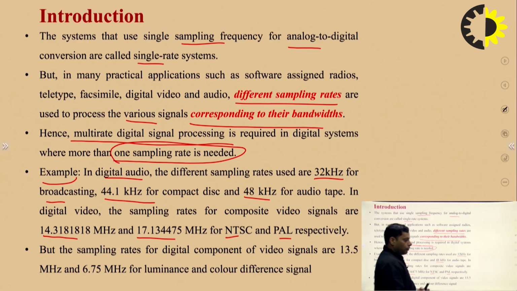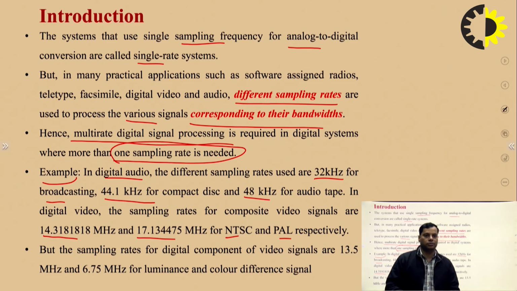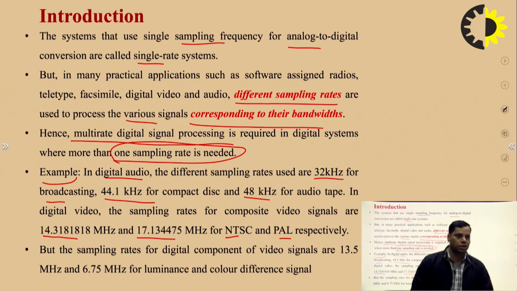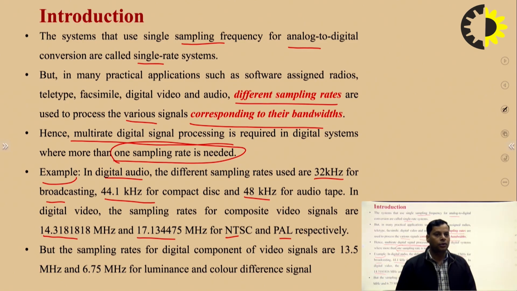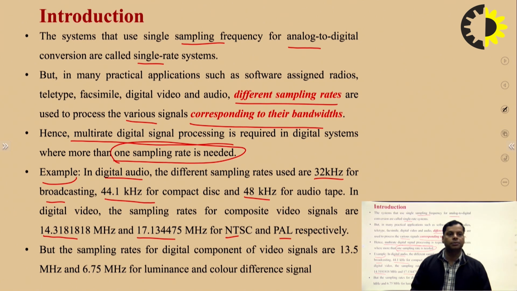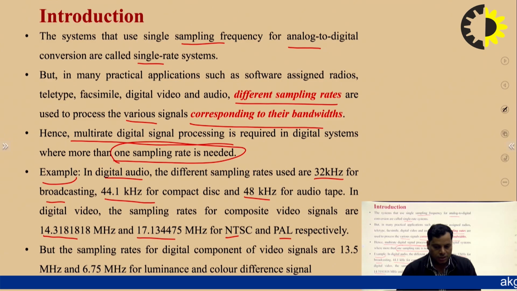So for a single audio signal as well as a single video signal, different sampling frequencies are used simultaneously throughout the communication for different purposes. How can it be possible to transmit or communicate? From that point of view, multi-rate signal processing provides a very fine solution.